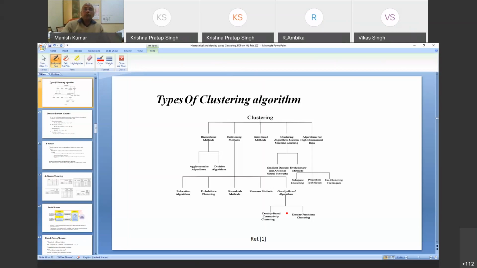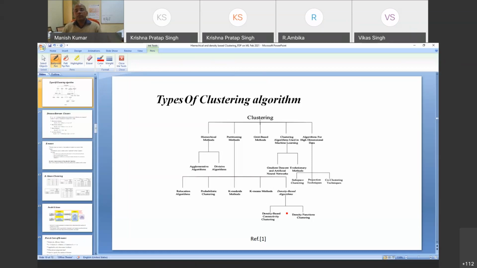These are the categories of clustering algorithms, and there are subcategories as well. In the case of partitioning, we have k-means and k-medoids. Density-based also comes under partitioning methods, and it can be treated as a different category, because it talks about large data clustering.